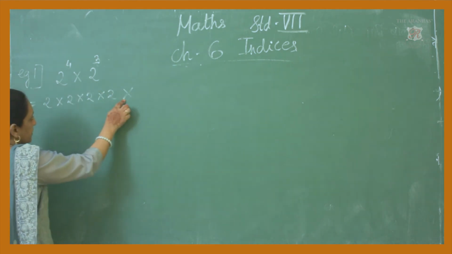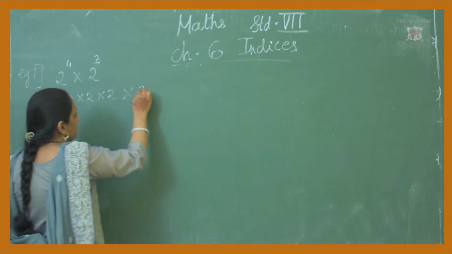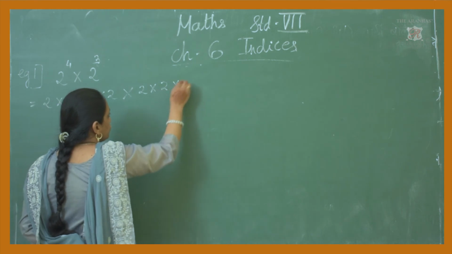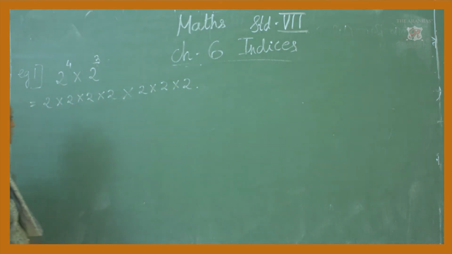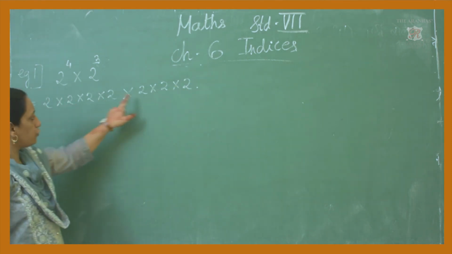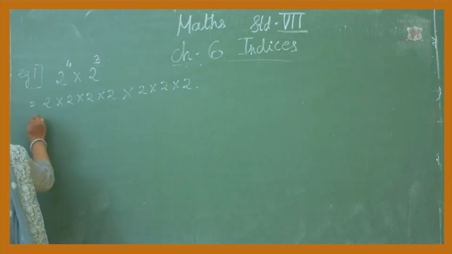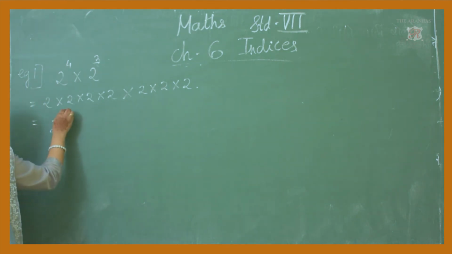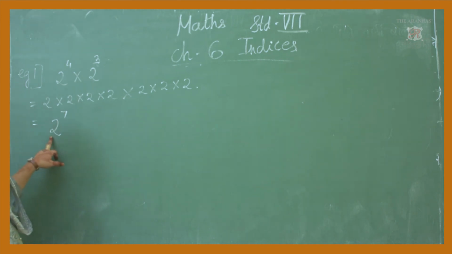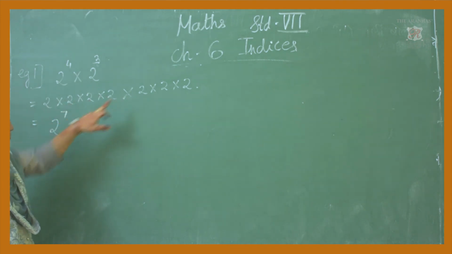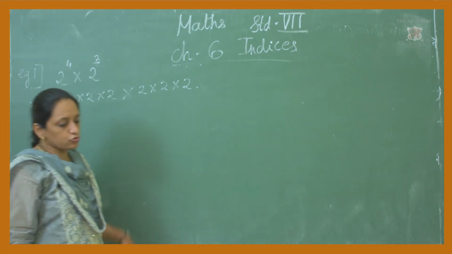Again, with the multiplication sign, 2 raised to 3 means 2 into 2 into 2. How many times does this 2 come? 1, 2, 3, 4, 5, 6, 7. This means we can write 2 raised to 7. The base 2 will be the same, but the index will be 7, so that will be 2 raised to 7.